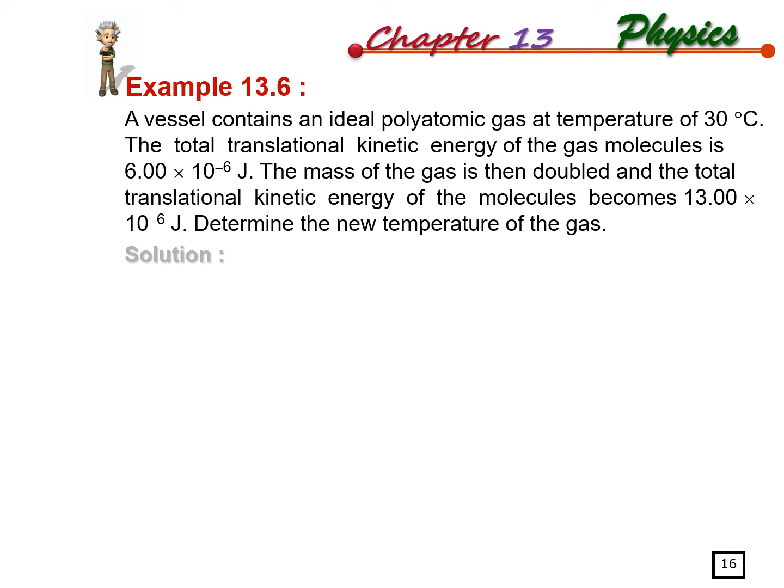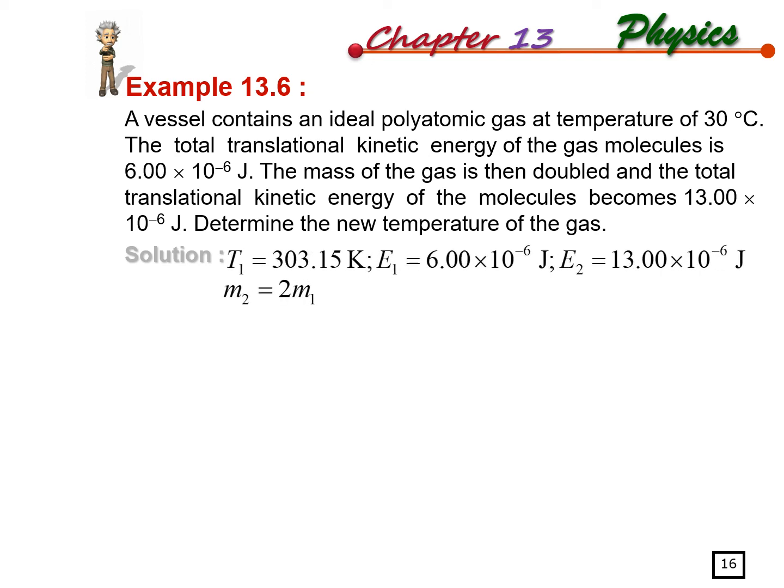They want us to determine the new temperature of the gas. So these are the initial information that we have: T1 initial, E1 initial, and E2 final, and the mass becomes double, M2 becomes twice the value of M1.